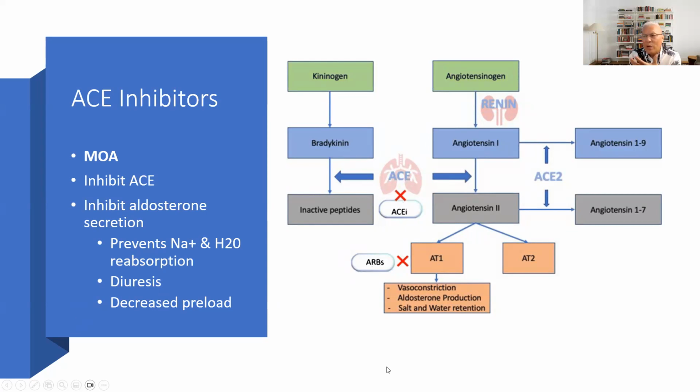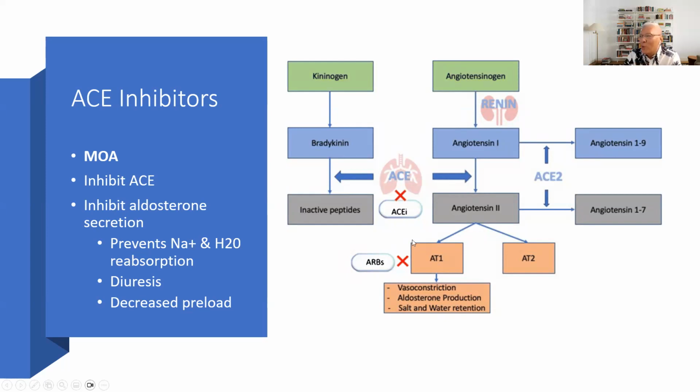And thus, if you inhibit it, there's one side effect that you should not forget whenever a patient is getting ACE inhibitors, and that is a non-productive cough.